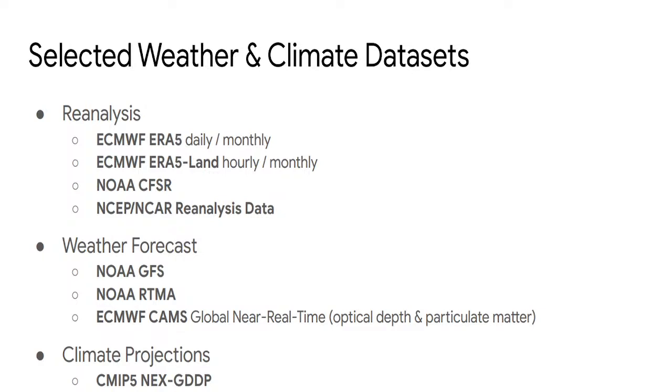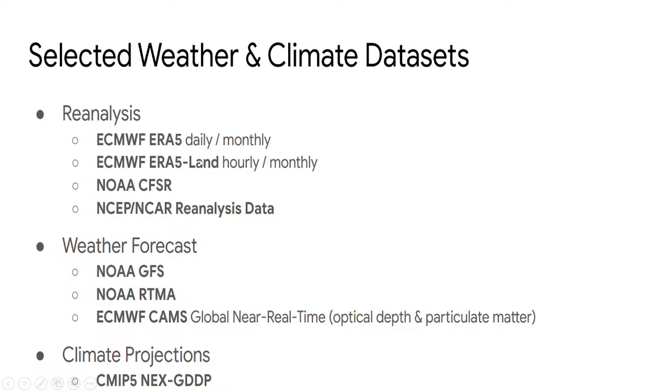Basically, all of these datasets provide different types of weather and climate data. First of all, here you can see the reanalysis dataset, weather forecast, and climate projection. In the reanalysis, we can easily get the ECMWF ERA5 daily, as well as monthly.